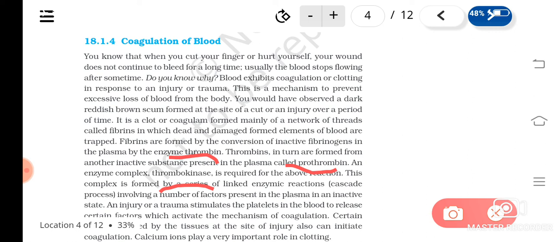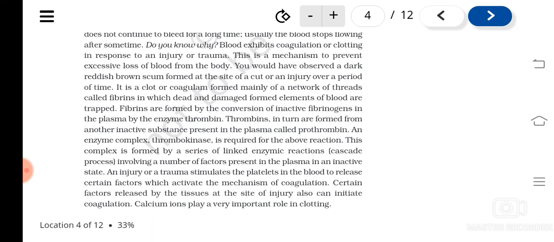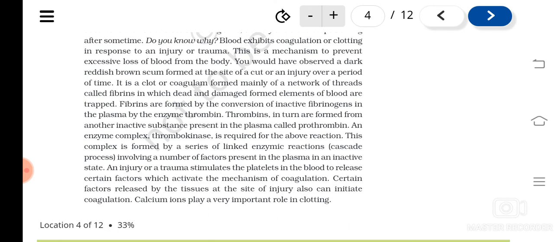So once again, prothrombin is converted to thrombin by thrombokinase. Understood? And the thrombin formed helps in the conversion of fibrinogen to fibrins.